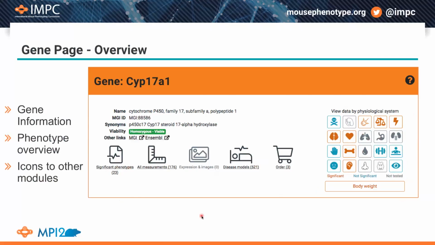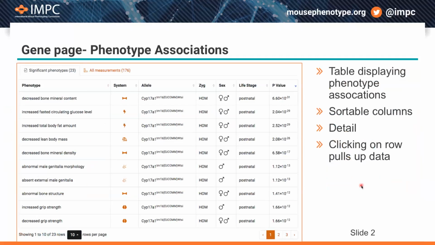So we're going to look first at the significant phenotypes. Our default, right below this gene summary, is a phenotype table. This particular knockout has many phenotypes, and so this is in a table that you can select. You can sort by the column.